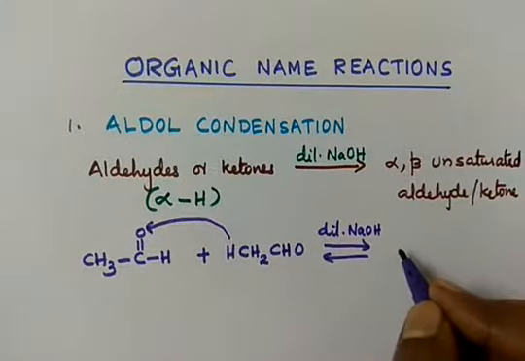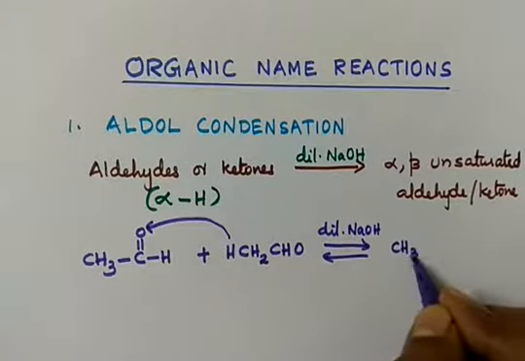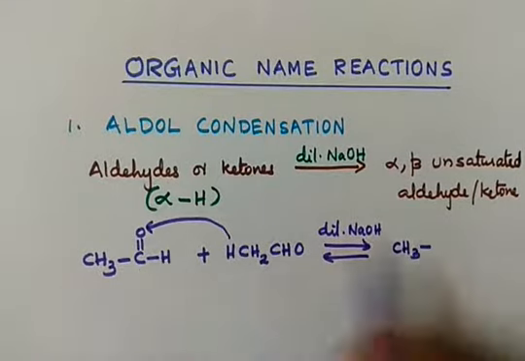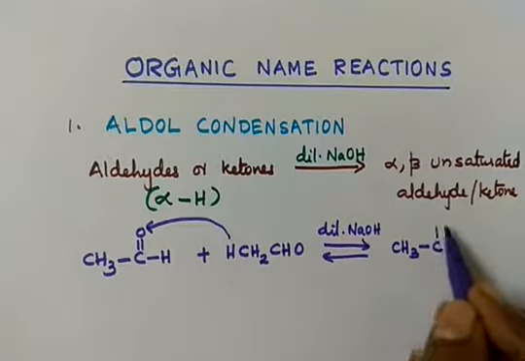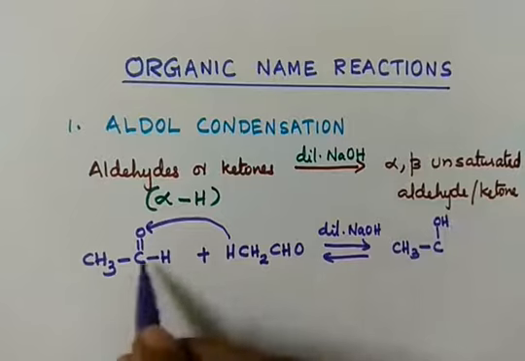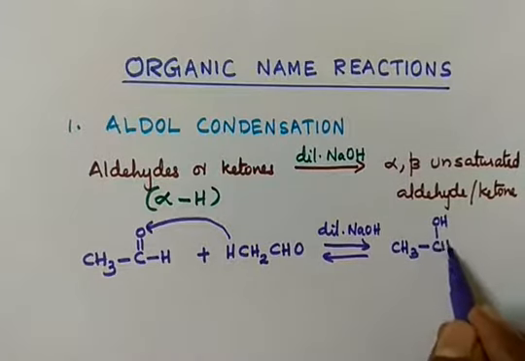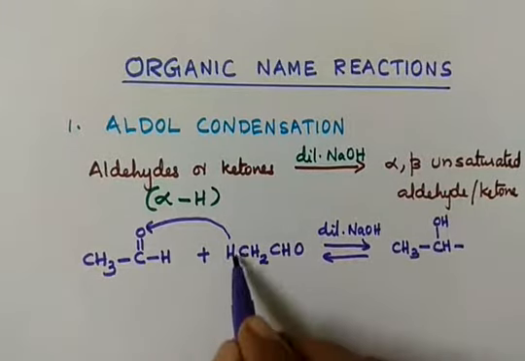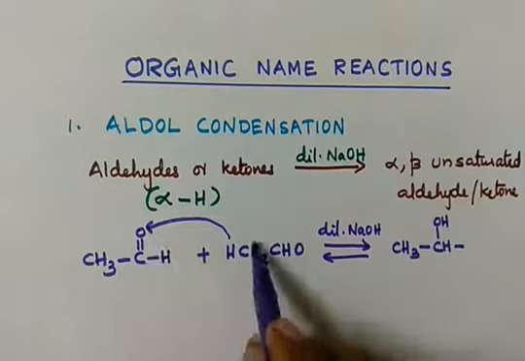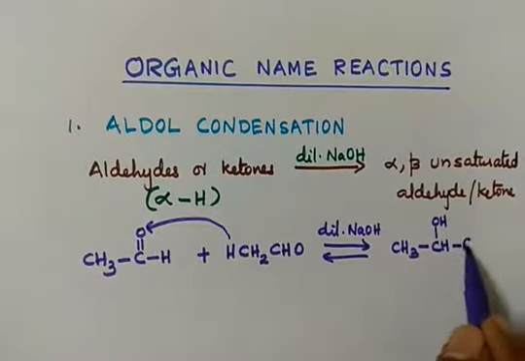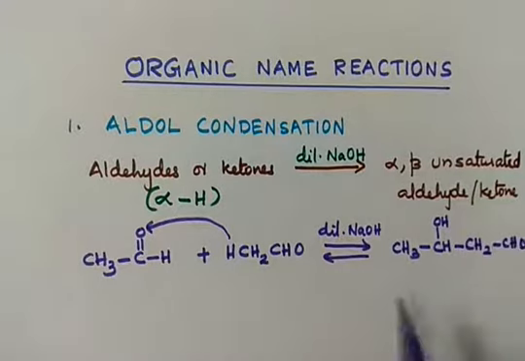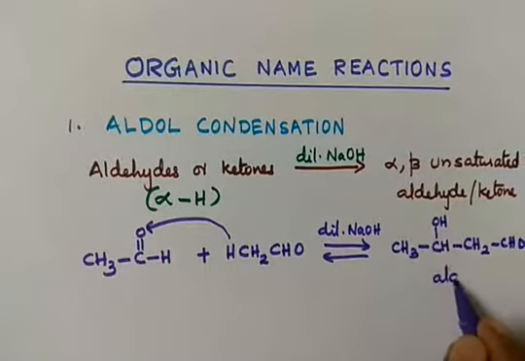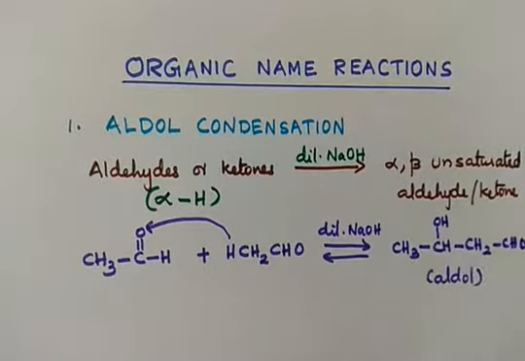Okay, and the formula of aldol is CH3, then C, this one becomes O and H, so OH, then this is CH, single bond. And here this hydrogen is already transferred. So the rest is CH2CHO. Okay, this is the aldol formed. This is called aldol.